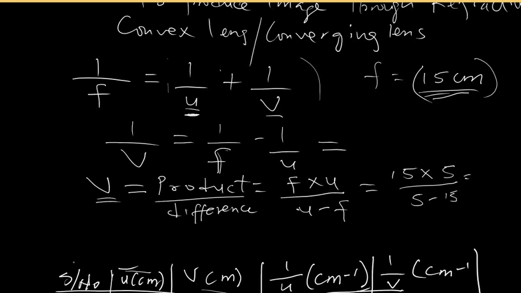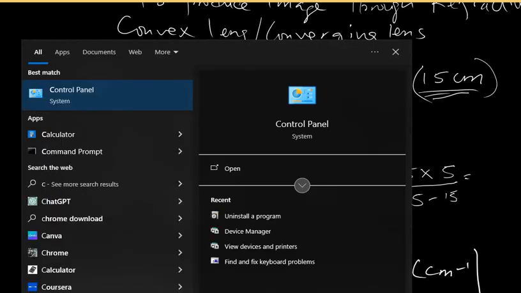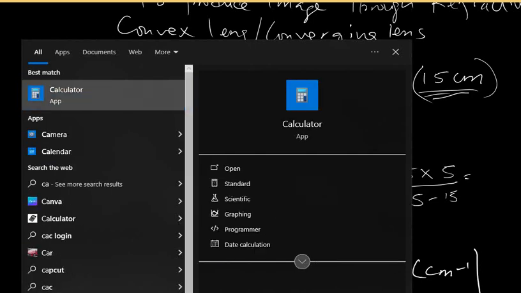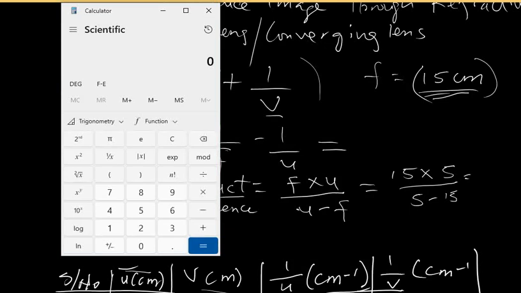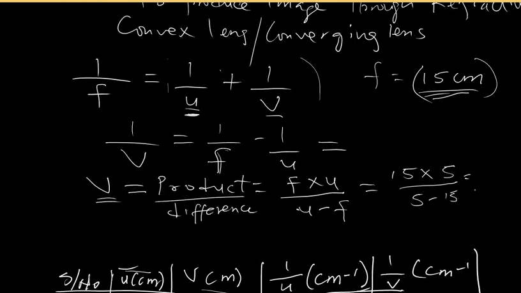Let's work with the calculator. 5 times 15, then divided by minus 10. That gives me minus 7.5.